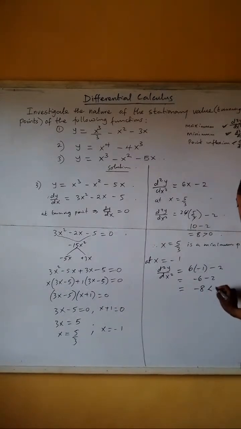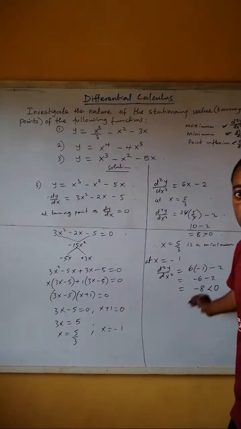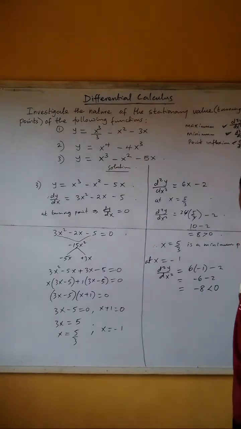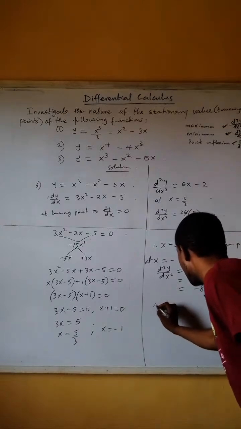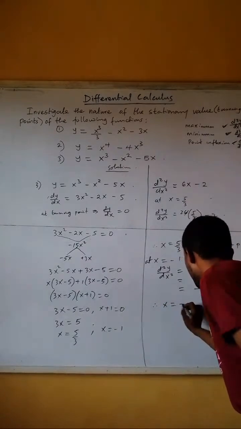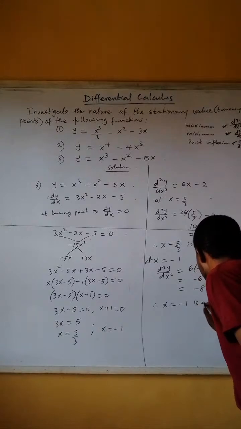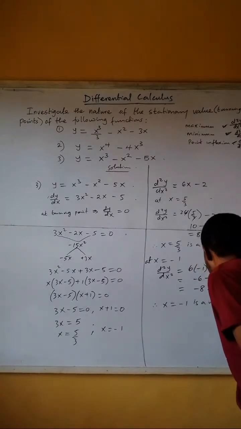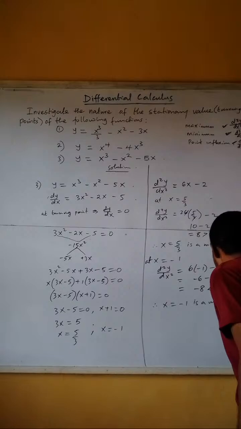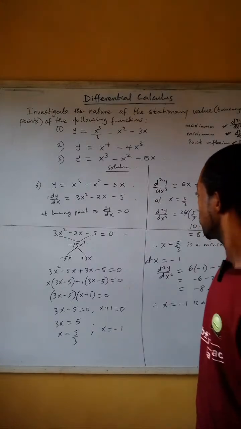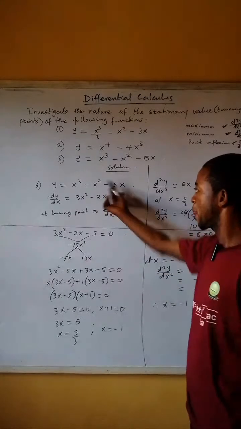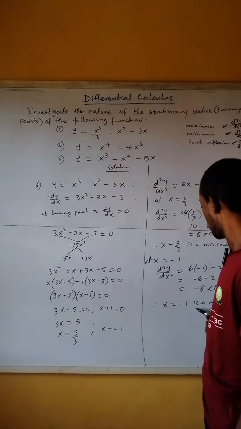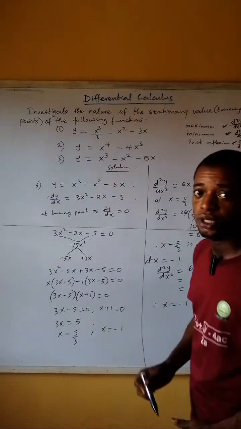And this is less than 0. And when d squared y by dx squared is less than 0, it means we have a maximum point. That is, therefore, x equals minus 1 is a maximum point. Then we can get the corresponding maximum value by substituting x equals minus 1 into the equation there.